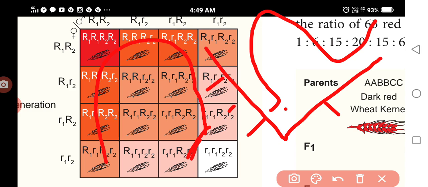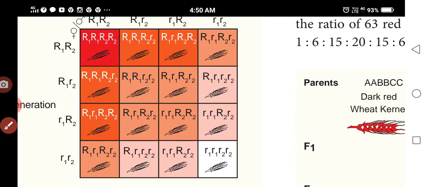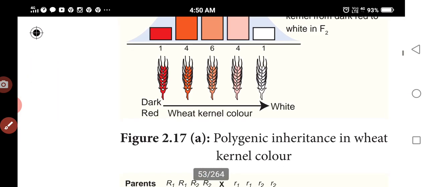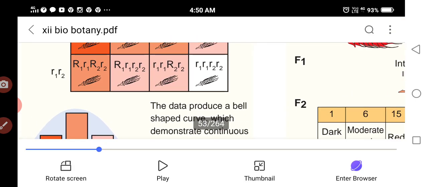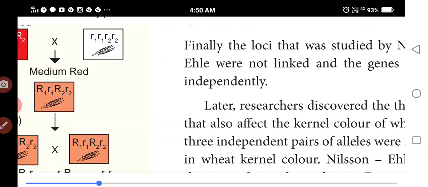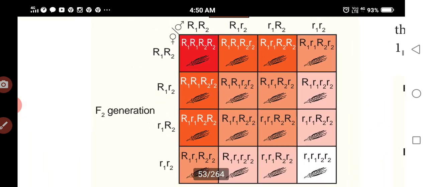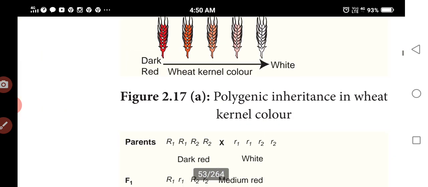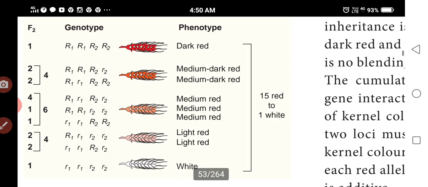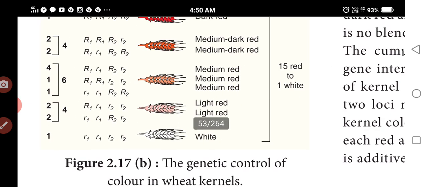That is polygenic inheritance in wheat, where the ratio is 63:1.